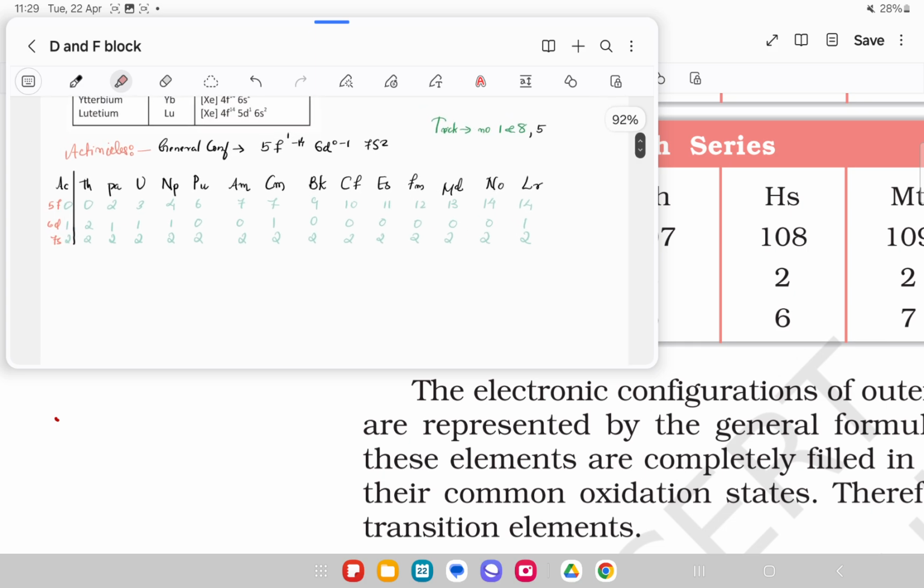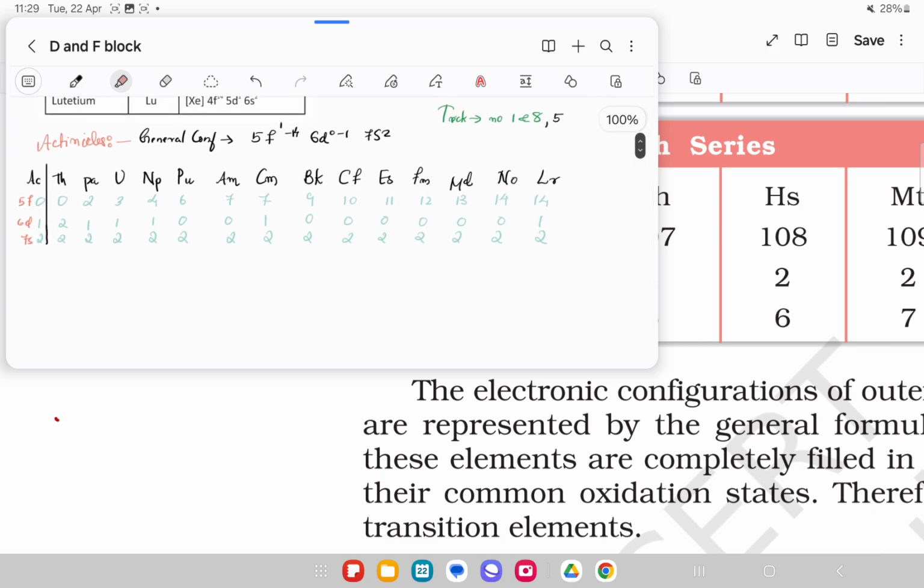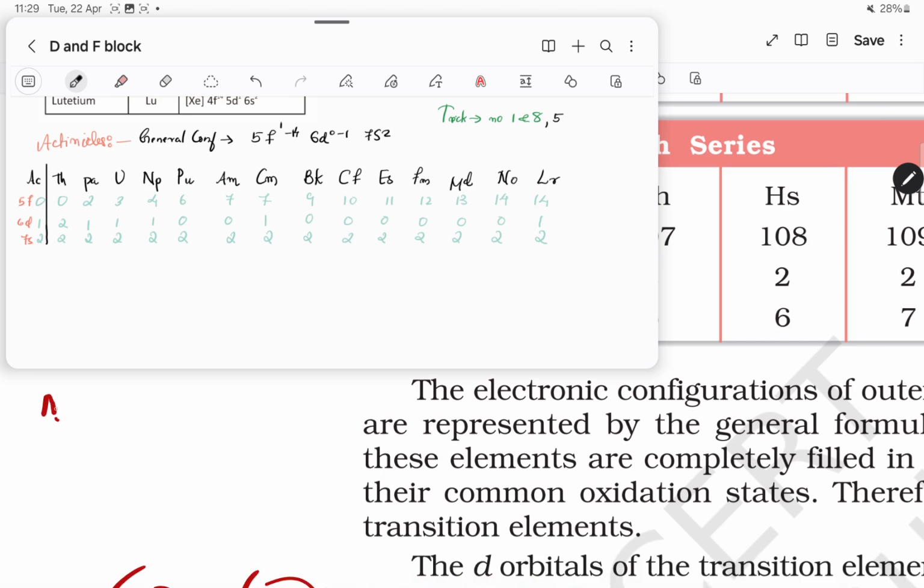Now about actinoids. Actinoids, actually what is the trick? Two tricks are there. It's like across the park, uranium, neptunium, plutonium.